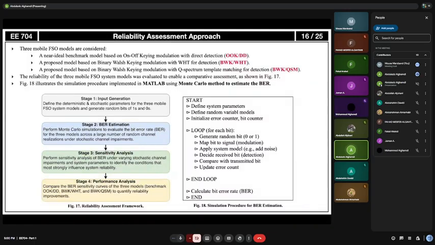Finally, we performed analysis to compare the BER sensitivity curves of the 3 models to quantify the reliability improvements.